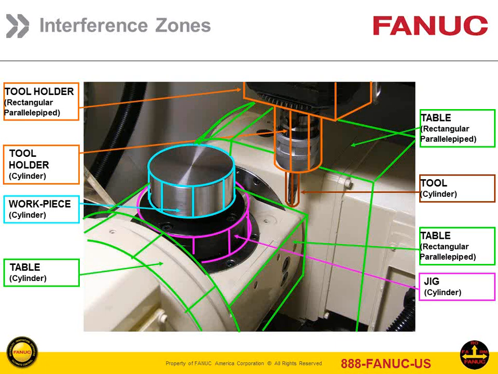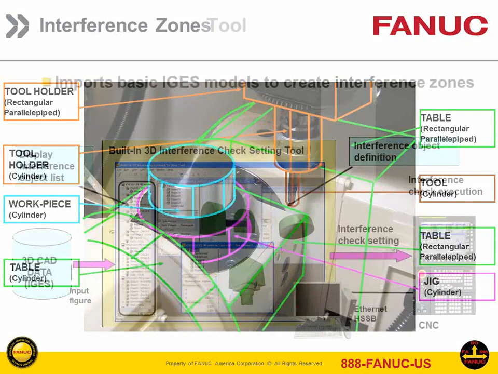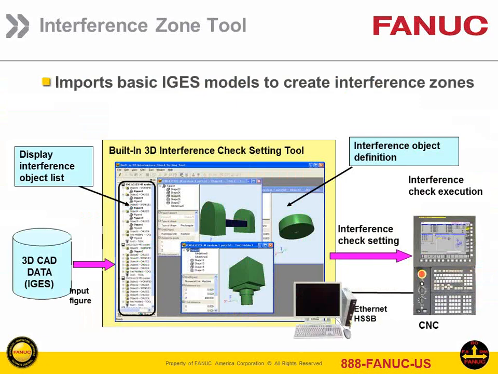With the three-dimensional interference zone check, you have the capability of turning this on, and you can import a basic IGES model where you can create interference zones. Then you can display the interference object list, and you can do an interference check execution right on the control.